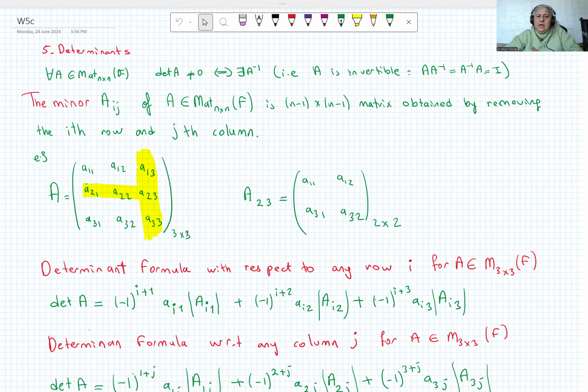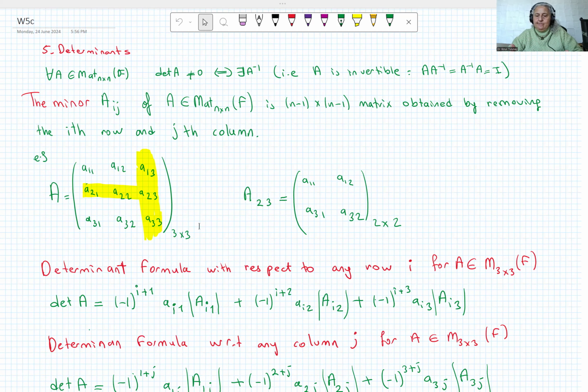If you have a 3 by 3 matrix, then you can expand along any row or any column. You write it down as a series of 2 by 2 determinants, and that will allow you to calculate the 3 by 3 determinant.